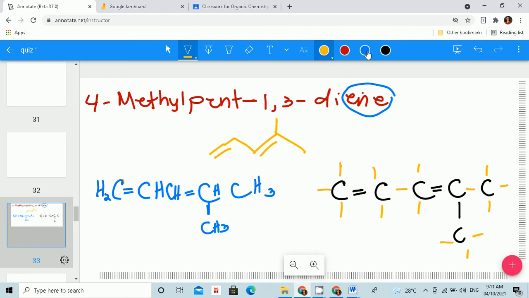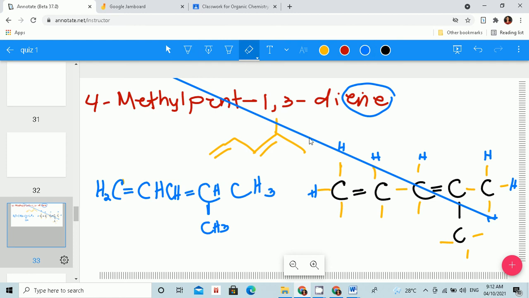Then we have our H's. Okay, so this is our 4-methyl pent-1,3-diene. Okay, check your answers.